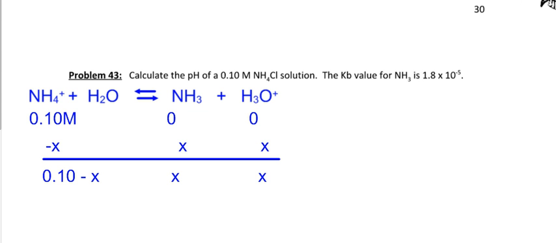So we are talking about the acidity and basicity of salts, and we said that we had to look at each part, the cation and the anion of the salt, to determine whether or not this entire salt is going to be an acid, base, or neutral. So if we look at the salt, here's ammonium. We know that its conjugate base is ammonia, which is a weak base. How do I know that? I see it right here. What about the chloride ion? The chloride ion's conjugate acid is HCl.